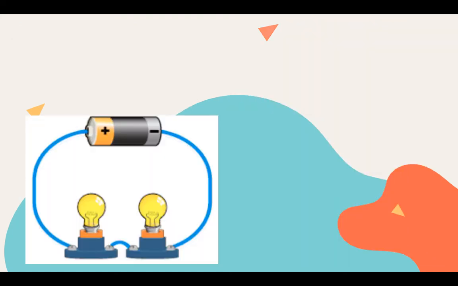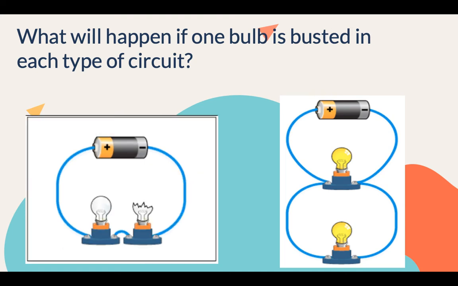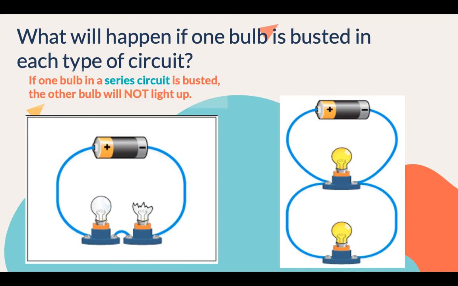Look at these illustrations. What do you think will happen if one bulb is busted in each circuit? Let's find out. In a series circuit, if one bulb is busted, the other bulb will not light up. Remember, there is only one path for the electricity to flow through.